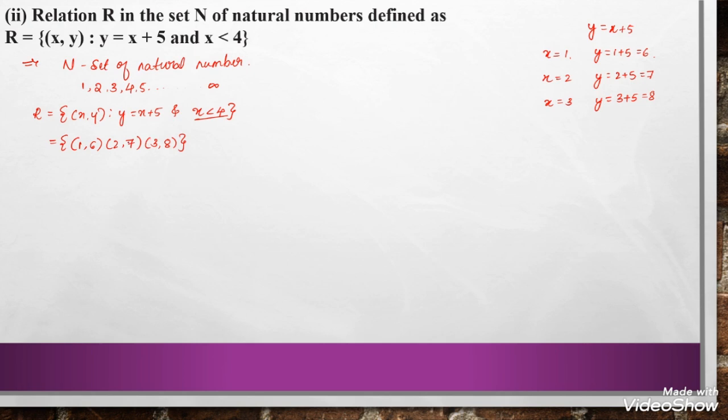Now, we have to check the conditions one by one. The first condition, reflexive.